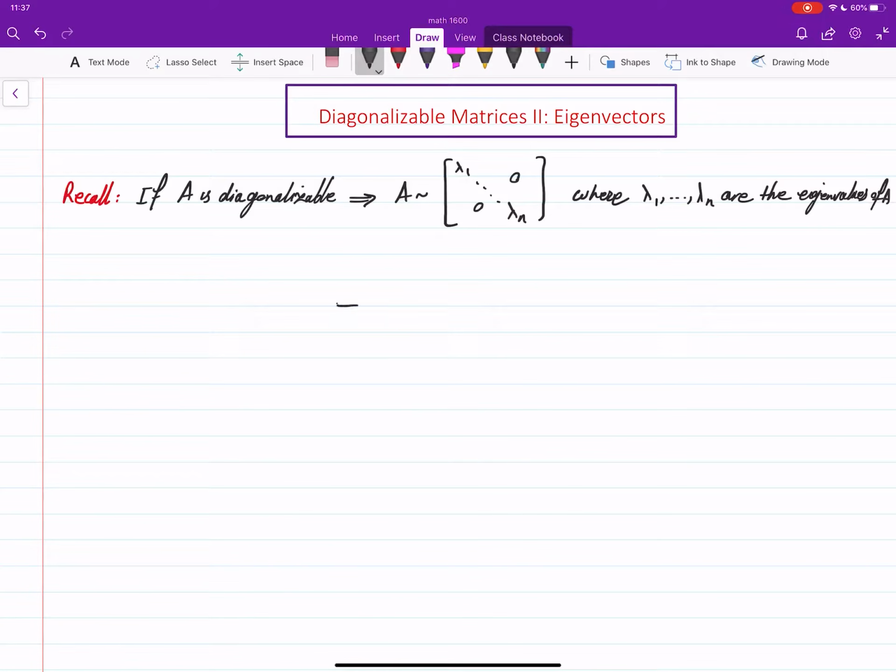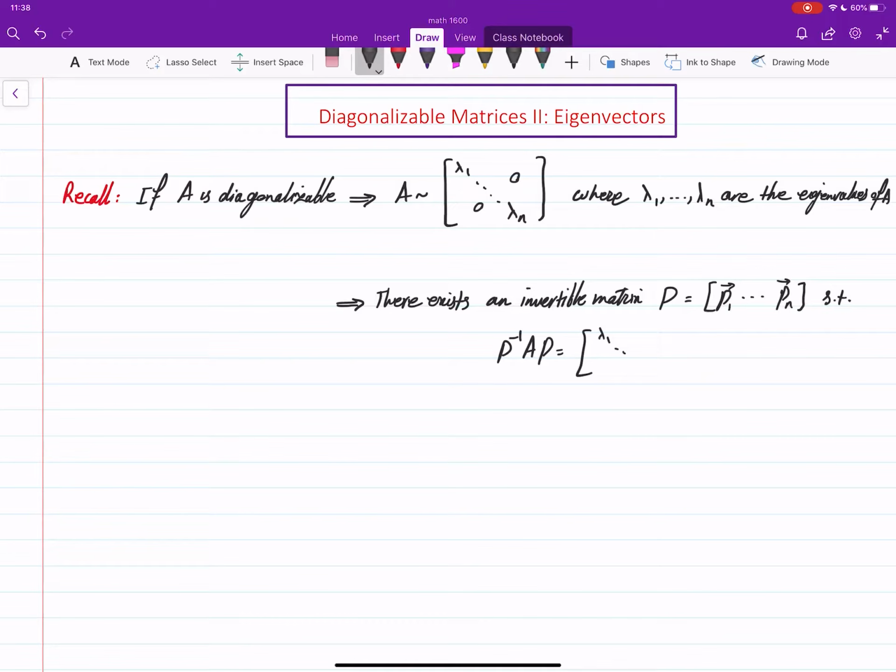If we continue these conditions here, A is similar to that means what? It means that there exists an invertible matrix P. I will write this P as columns, P1 up to Pn, such that P inverse A P is equal to that diagonal matrix, lambda 1 up to lambda n.